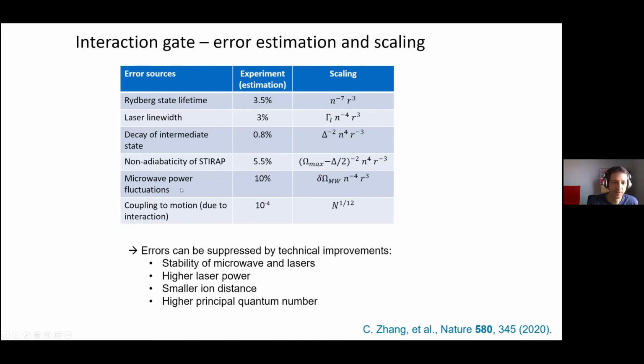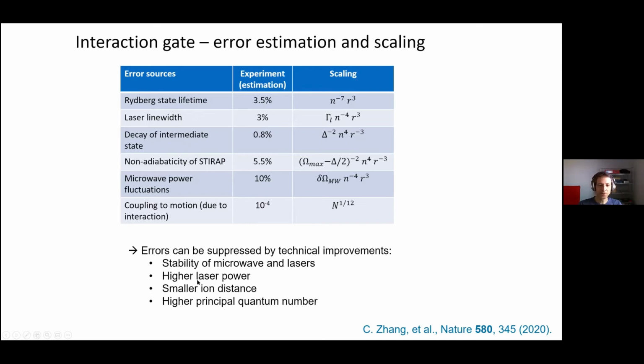Also for microwave power fluctuations: we have these dressed Rydberg levels, and they are split by the effective Rabi frequency of our microwave. So if the microwave power fluctuates, these energy levels will fluctuate in energy, and this is effectively reducing the coherence of our excitation. We certainly need to also get some additional power stabilization for the microwave.